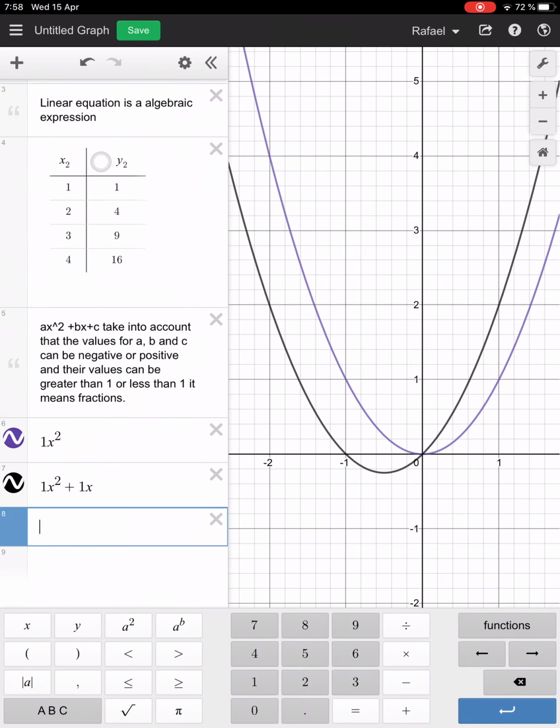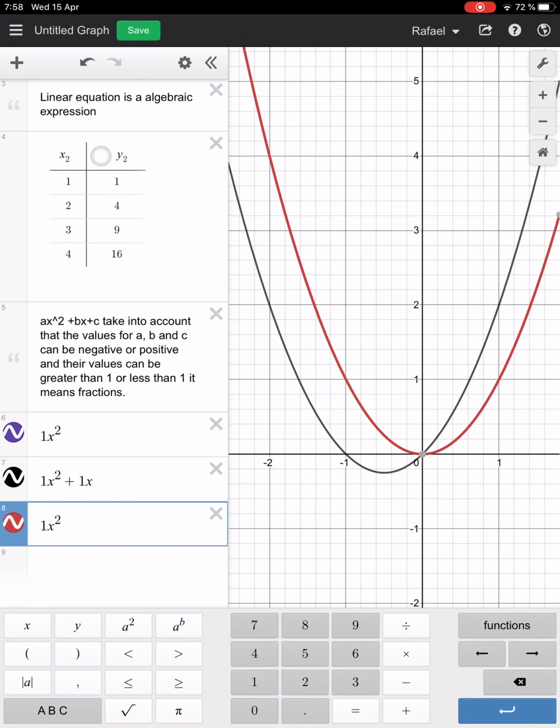But when the value for b is negative, you are moving, as you see in the red curve, one place to your right. Okay, it is really important. Identify that when you have a bx in the expression, that means you are moving the curve over the x-axis.